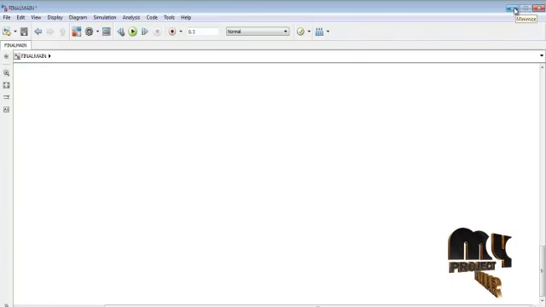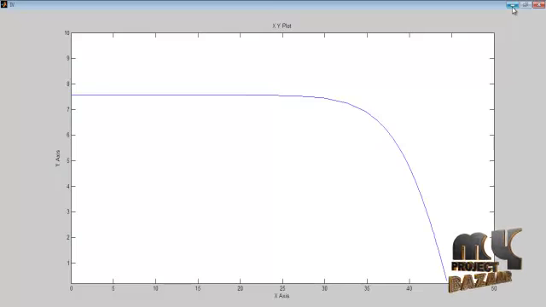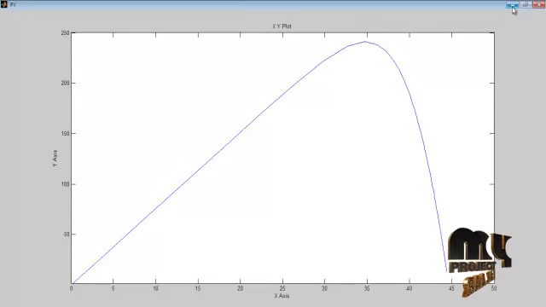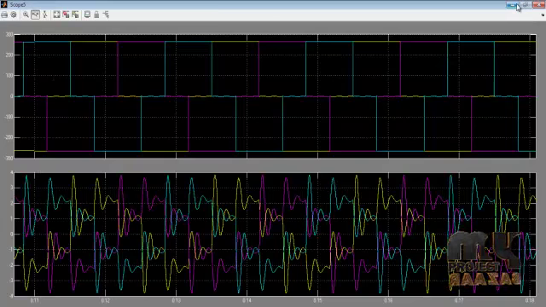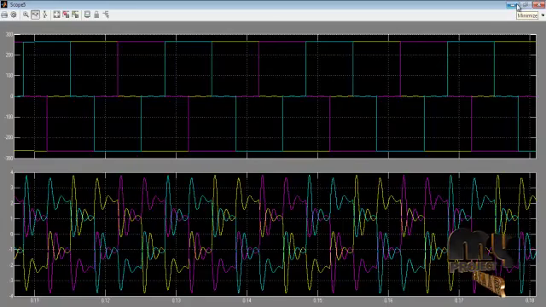corresponding scopes. First one is the IV curve. This curve is drawn between current and voltage in the solar panel, and next one is the PV curve. This curve is drawn between power and voltage in the PV panel, and next one is the input source voltage, that is 260 volt, and next one is the input voltage waveforms, and these are the corresponding output scopes for balanced load.